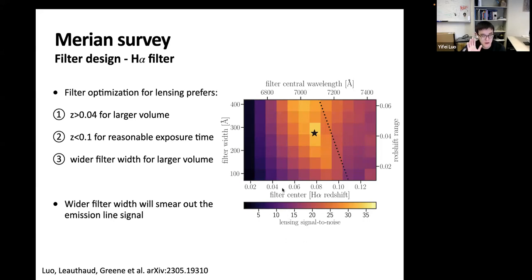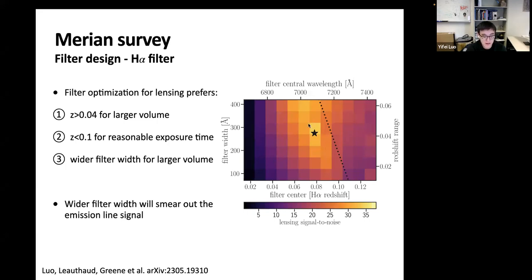So basically, for each given filter set, we know the cosmological volume given the wavelength range of the filter, and we use some kind of mass function of the dwarfs. We know roughly how many dwarf lenses there are within that cosmological volume, and then we can estimate the weak lensing signal to noise based on the formula I showed a few minutes ago. And I can color the weak lensing signal to noise.